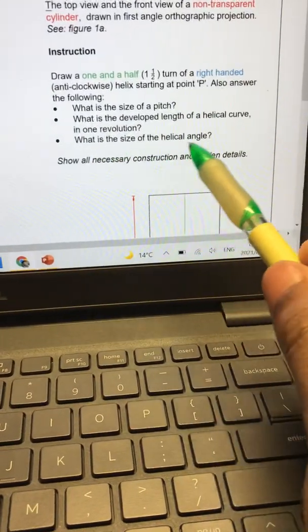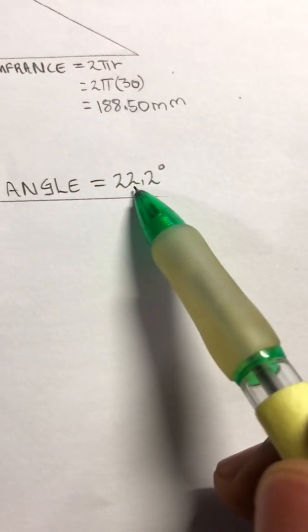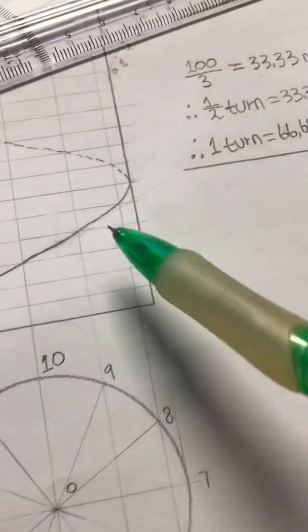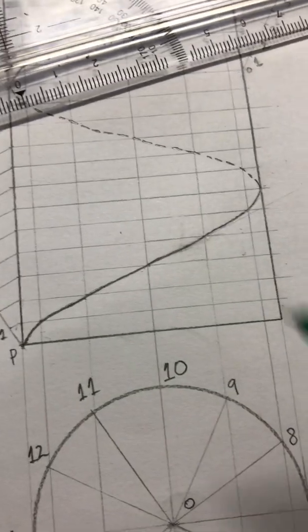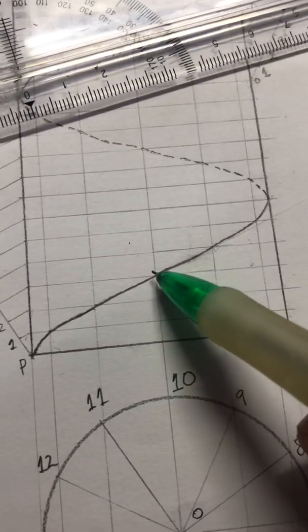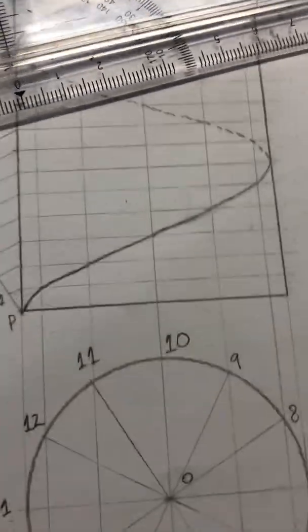Then the helical angle, the last question: what is the size of the helical angle? I found it as 22.2. What I did is I used my protractor. You can see this construction line here. It's a straight line that goes through this point, and fortunately it touches this one and this one too, so it's straightforward.